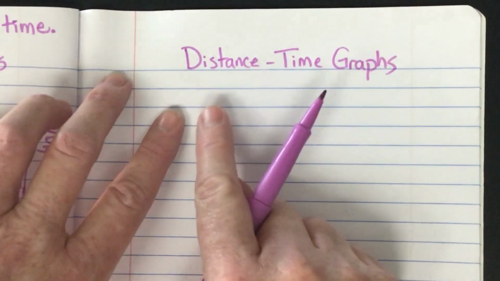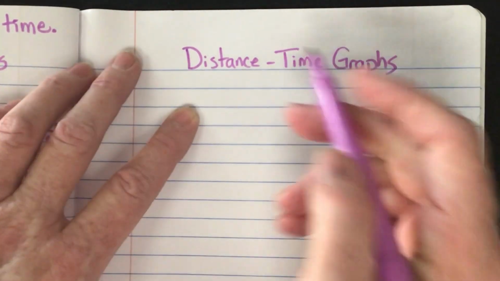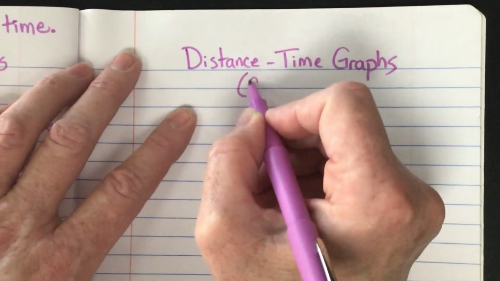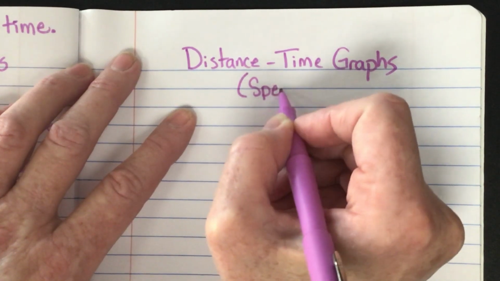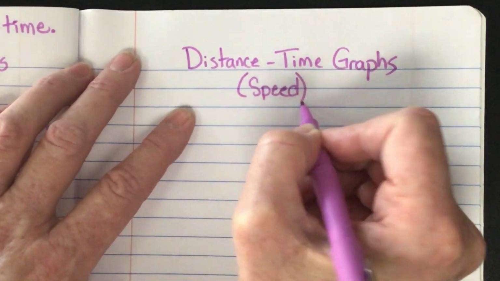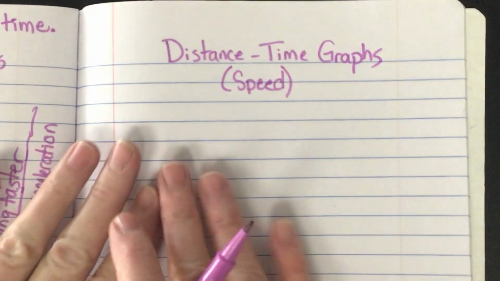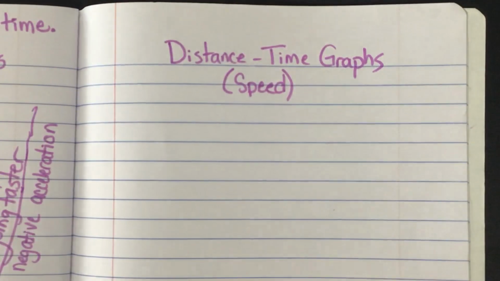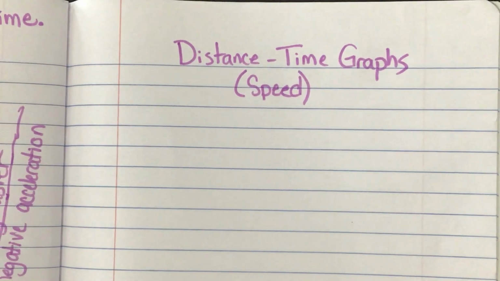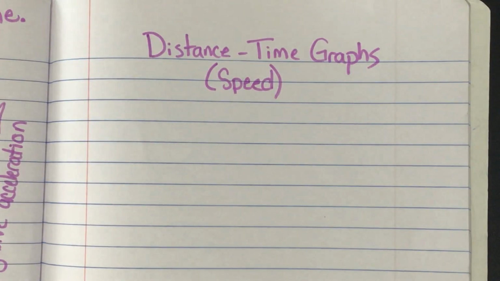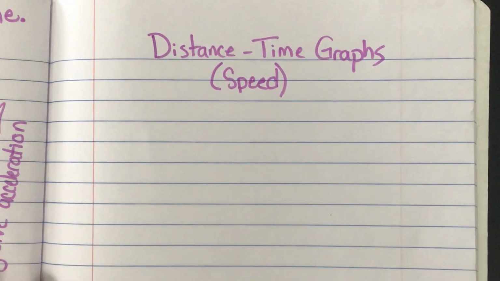And remember, when we're talking distance over time, we're talking about speed. We're going to write an example out, and then we're going to graph it. And then, like I said, you're going to practice reading 12 different graphs, and then we'll end with a quiz to see how well you're understanding these graphs.